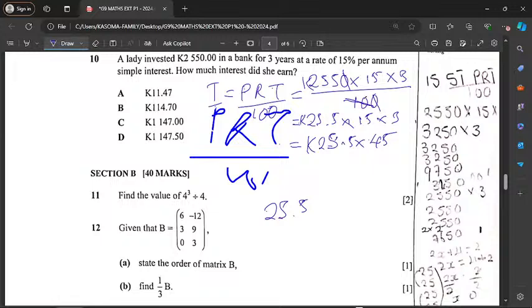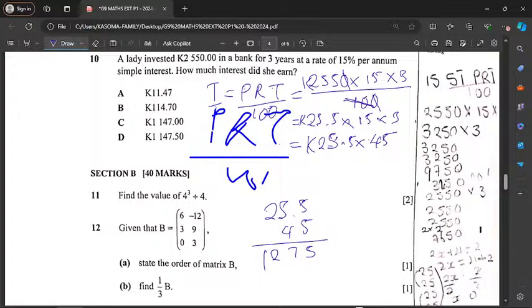So I know that I just have one decimal point. So what I'm going to do is I'm going to ignore the point and multiply, get my answer, then I'll add the decimal point. So 5 times 5 will give me 25. So I'm going to write 5 carry 2. 5 times 5 will give me 25 plus 2, 27. Carry 2. 5 times 2 will give me 10 plus 2 will give me 12.